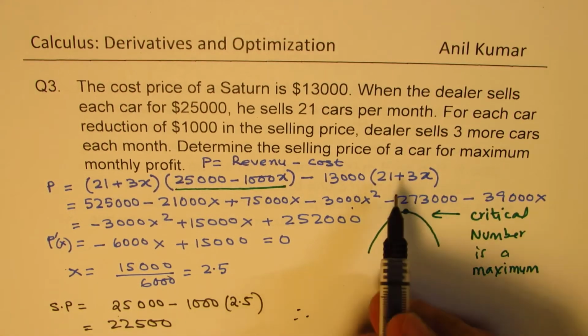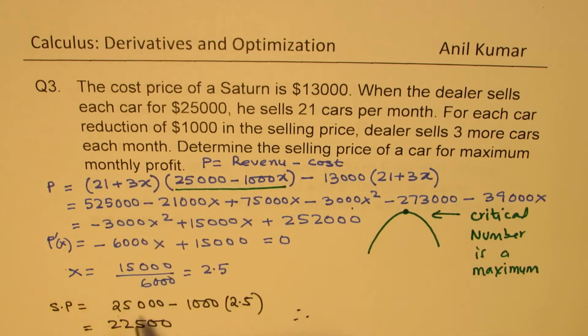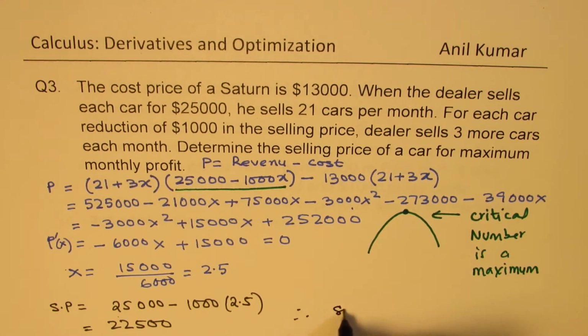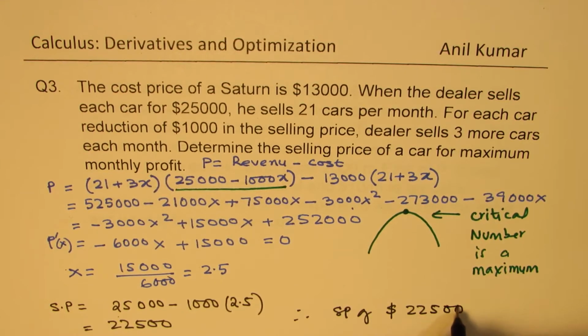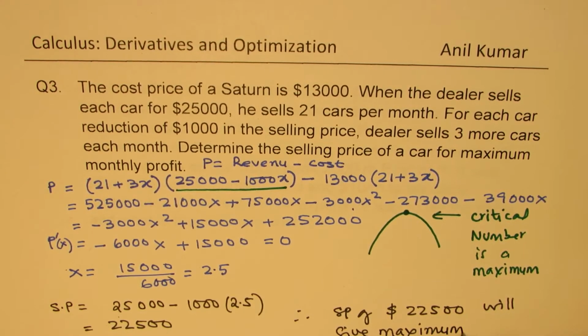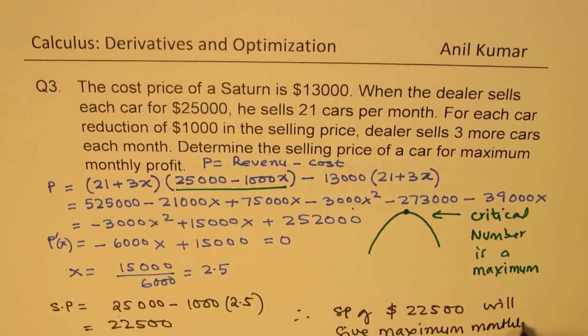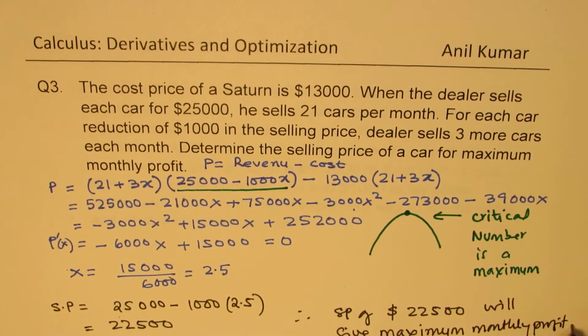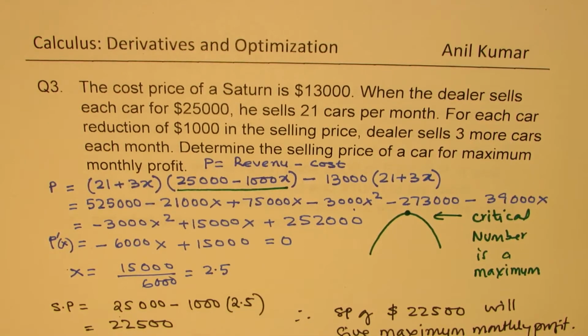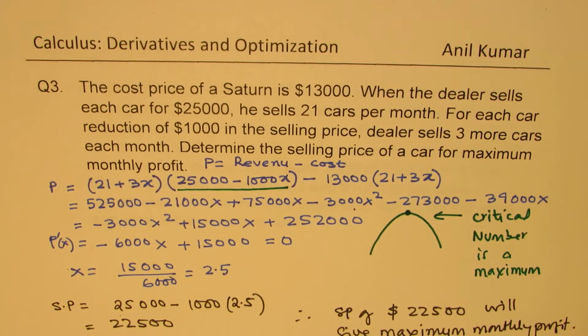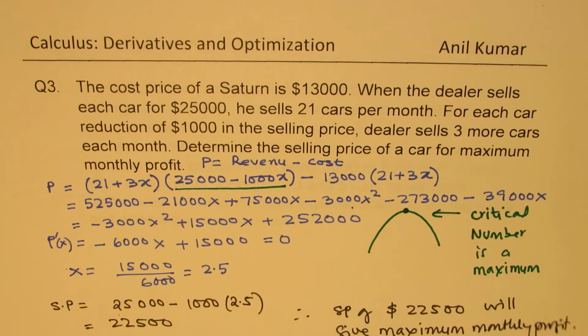And therefore, this is the maximum monthly profit. So the best price to sell is a selling price of $22,500, which will give maximum monthly profit. Is that clear to you, right? So, okay, we are reducing by thousands, but you could always reduce by hundreds, 500s also, right? So a fraction of thousands is possible.